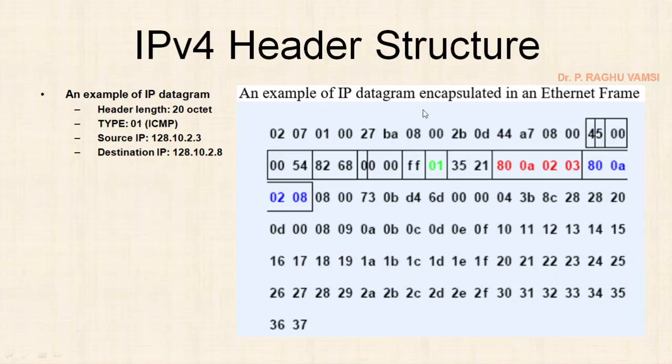So type is equal to 01 here, the source IP is 128.10.2.3 and the destination IP is 128.10.2.8. Converting 128 to hexadecimal gives 80, then 0A, 02, and 08. This is the destination IP, and this is the source, with ICMP type 01. Like that, this packet structure will be there.